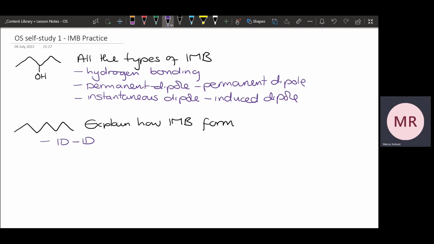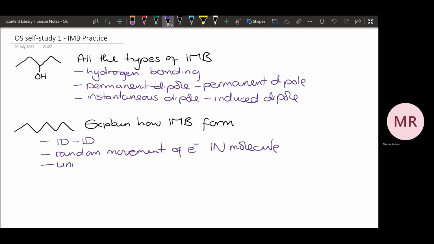So then how does that occur? You need to tell that little story of IDID. So talk about random movement of electrons in the molecule. So that's in the molecule, not between the molecules. That gives uneven distribution of charge.